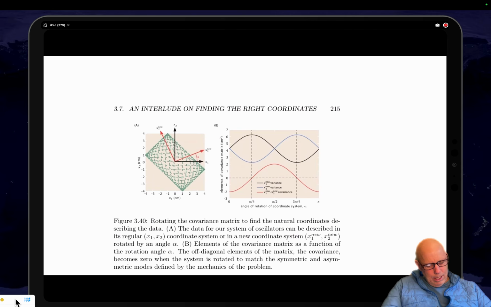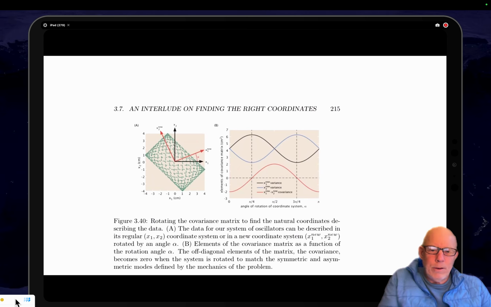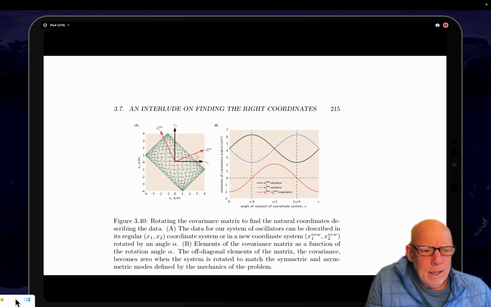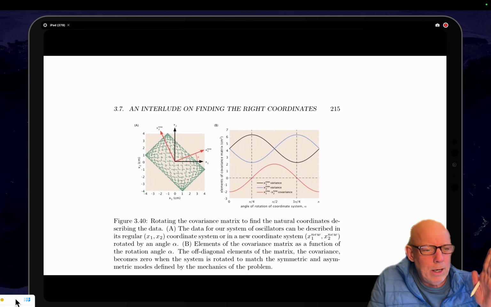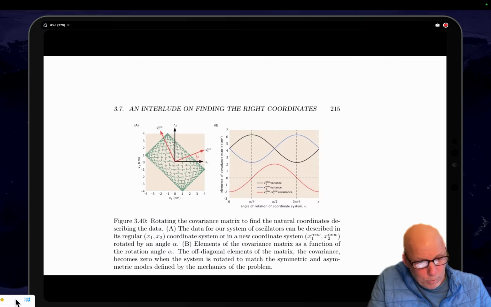Interestingly, the last thing I would say, and this is another exercise for you as the listener, is that you can actually perform a rotation of coordinates by hand. So let's say we decide to rotate our coordinate system by an angle alpha. And in this new coordinate system, we compute the covariance matrix. That is to say, we do a transformation of coordinates, and then we compute the covariance matrix.